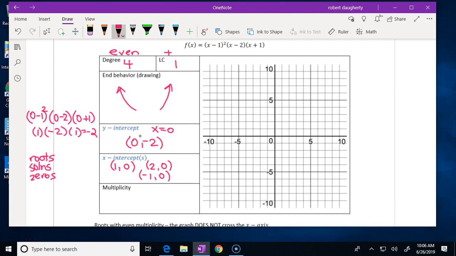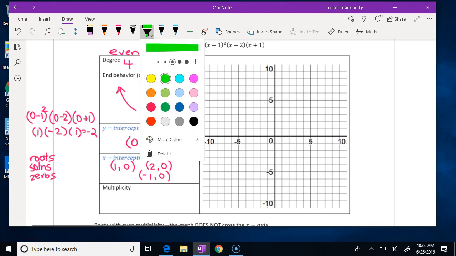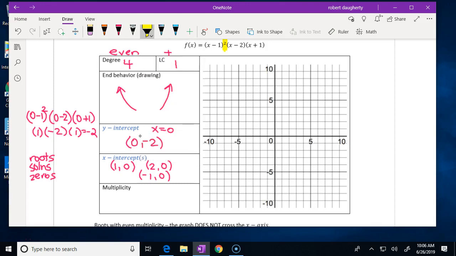Now multiplicity, you need to look and see, this is fourth degree, but multiplicity says, is there a root or a solution or zero that occurs more than once? And you get that information just by looking at that exponent that you see right here, raised to the second power. So there's a multiplicity of 2 at x equal 1.